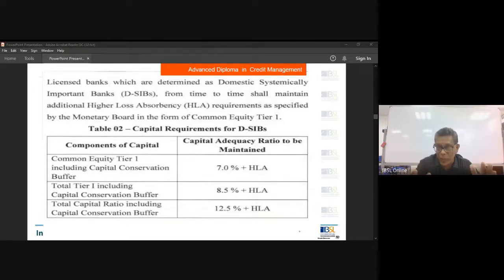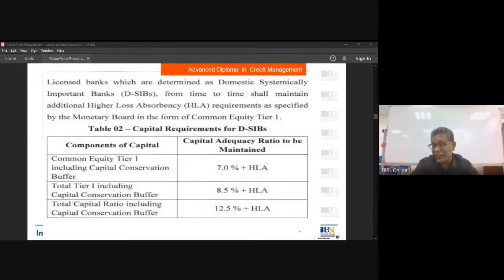So now you know. Now you may be aware which bank category you belong to. Earlier we discussed whether you are in the large bank, middle bank, or smaller bank. Now you know whether your bank is a systemically important bank or not.